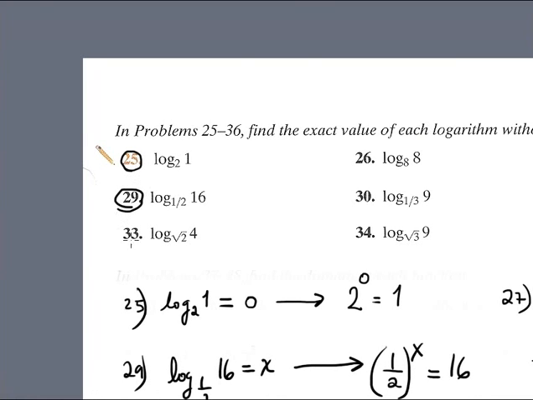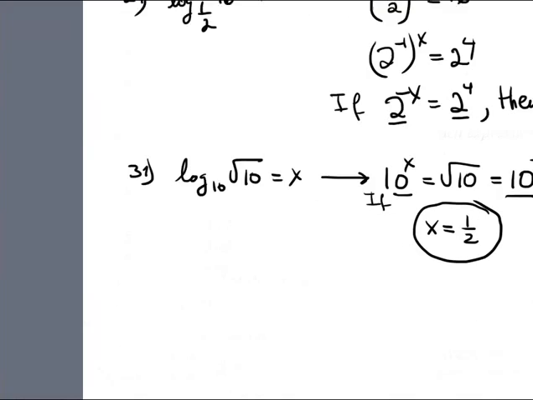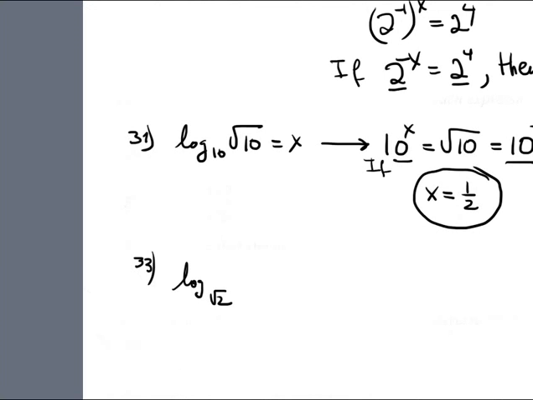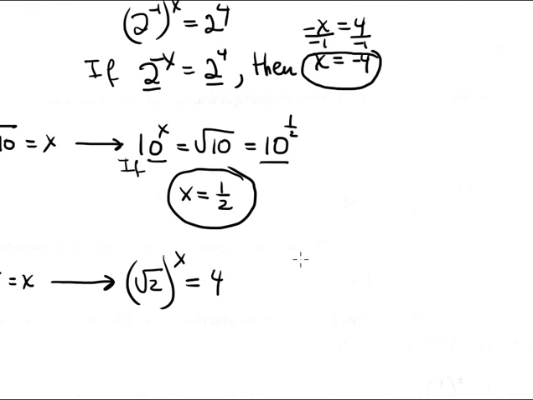33 is logarithm, the base is square root 2, of 4. I don't know. Convert to exponential. The base is radical 2, the exponent is x, equal to 4. Now I know very well that square root 2 you can express as 2 raised to the 1/2, and 4 is 2 to the second power.